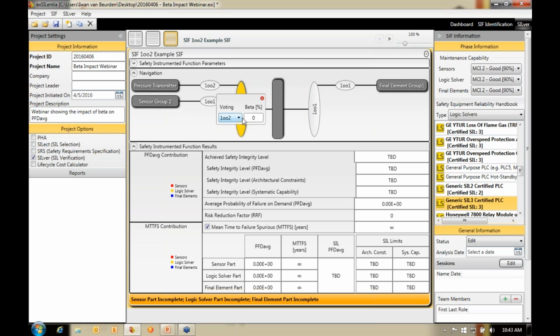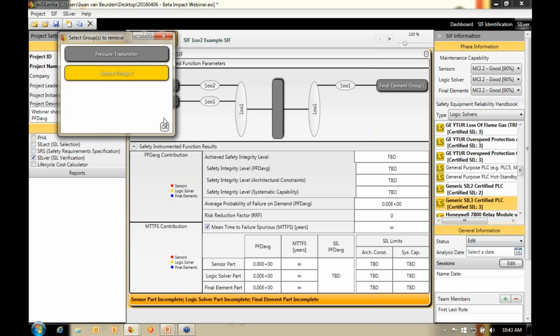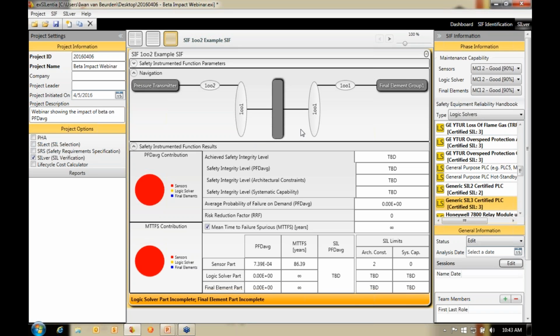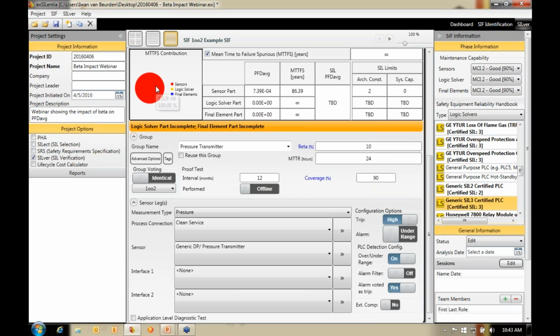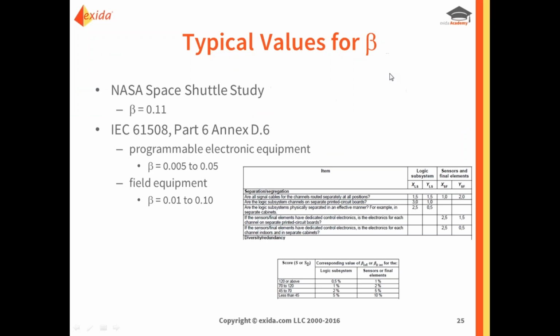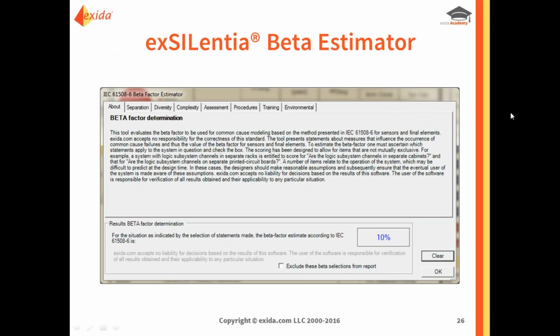The default for within a group redundancy is 10%. Again, from a modeling perspective, you always try to model in as few groups as possible for your overall SIL verification modeling. All right, so let's go back to the slide set.